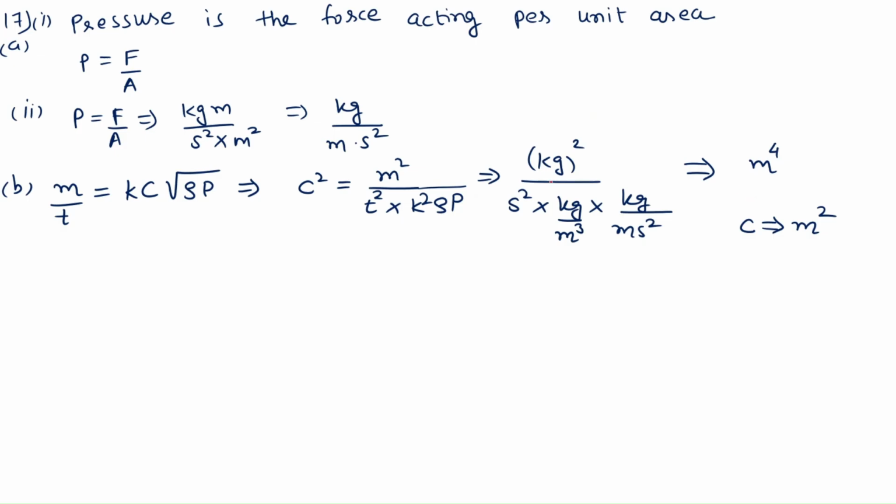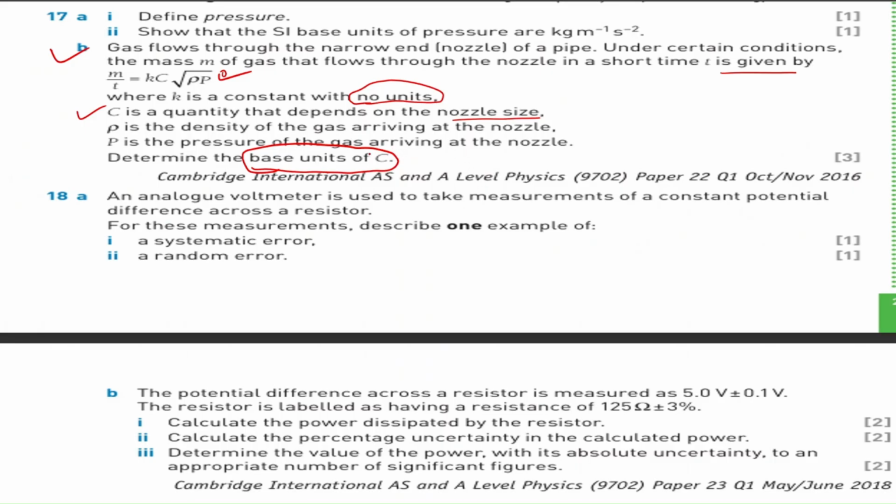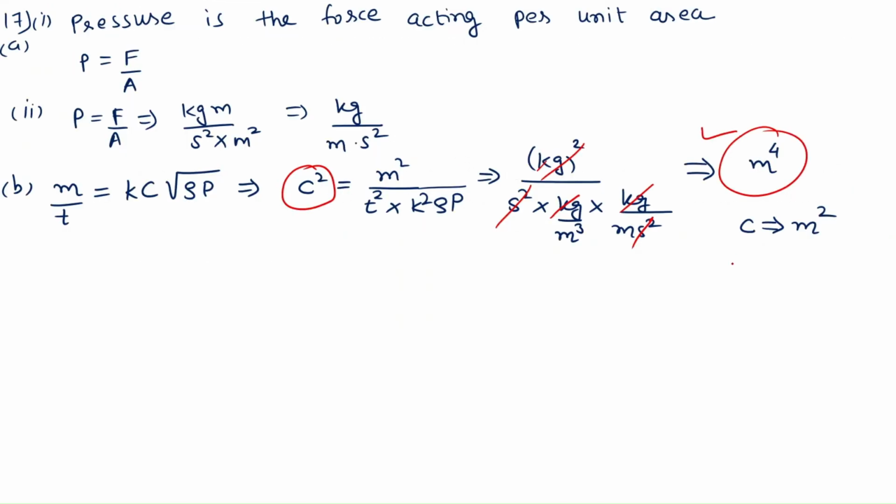So doing some cancellation, kilogram cancels out here, and second square also cancels out. There's meter cube into meter, which means meter to the 4, but that is the unit of c square. But in the question they ask about c, so the unit of c is meter square.